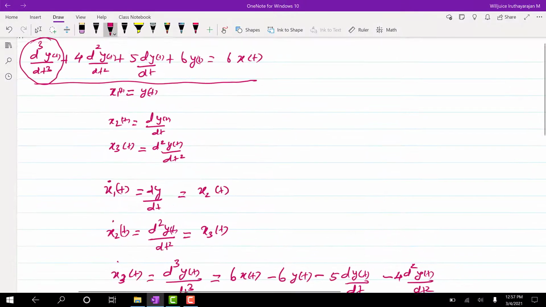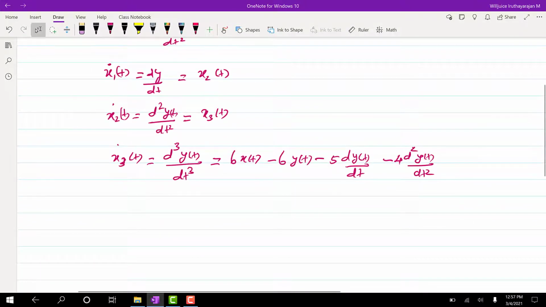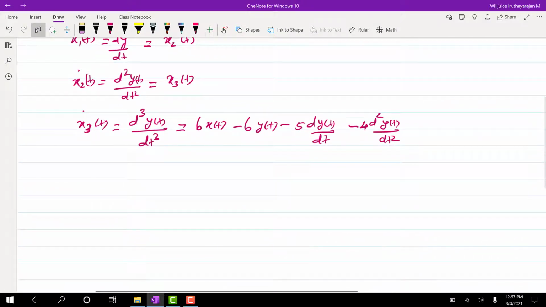The first order differential equation of a state variable has to be written in terms of state variables and the input variable.